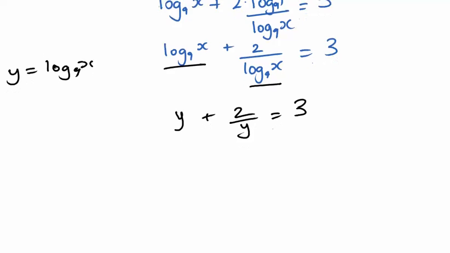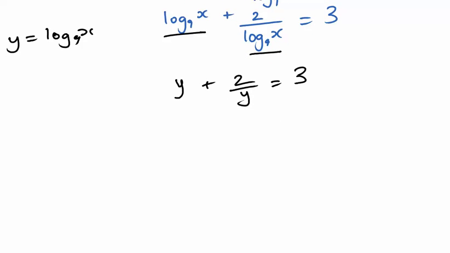It might still not be immediately obvious to you that that's a quadratic. But if we multiply everything through in this equation by y, then first of all I'll get rid of this fraction and it'll help me solve it. So times both sides of the equation by y. That means that this becomes y squared. 2 over y times y becomes 2.